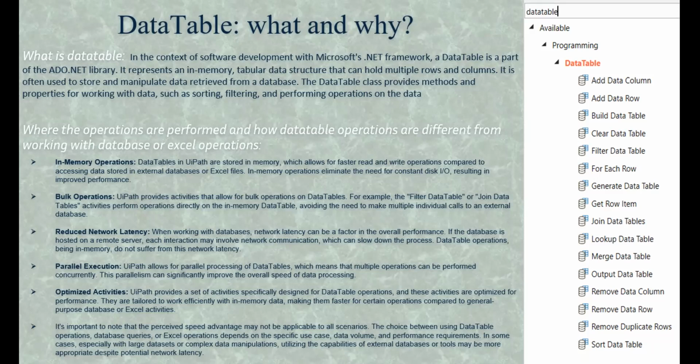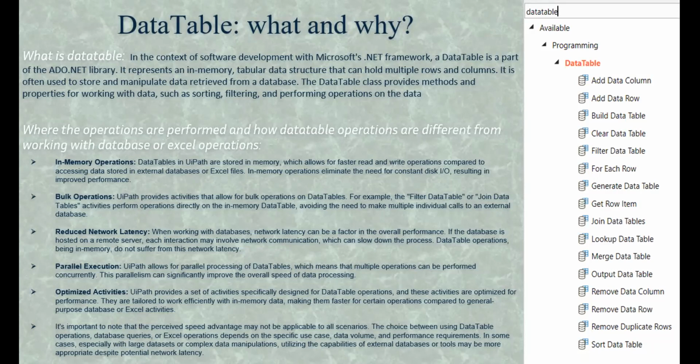My UiPath is not able to connect with the database. What will happen? The connection will break or be slow. If you are doing to and fro operations in the database, that will be very slow. So instead, I take the data, do all the operations in my data table variable, and then paste it back.